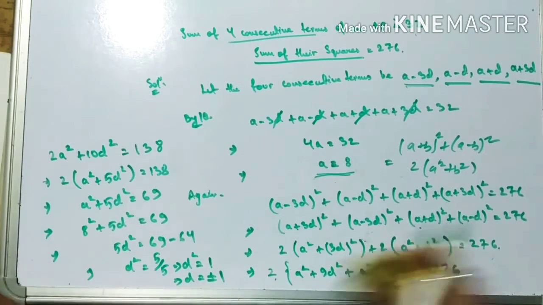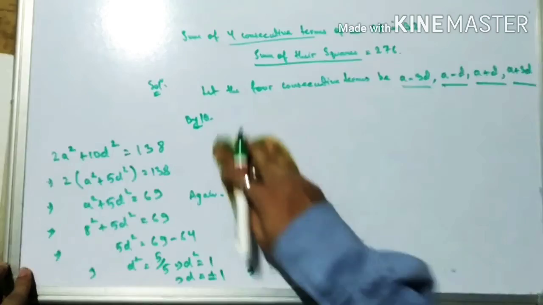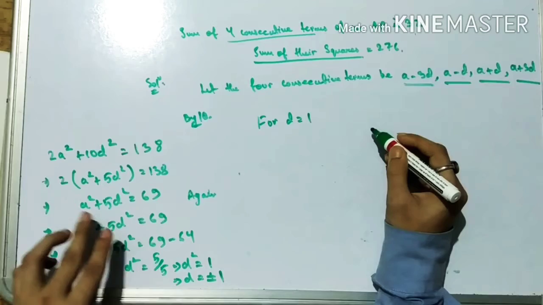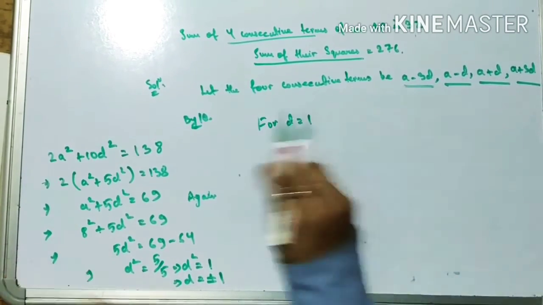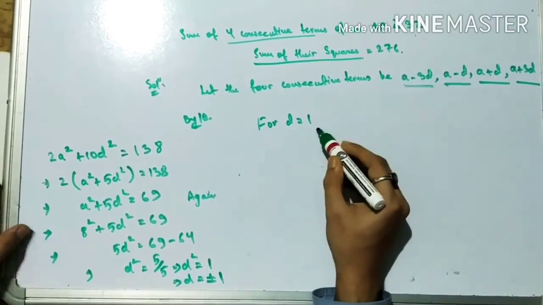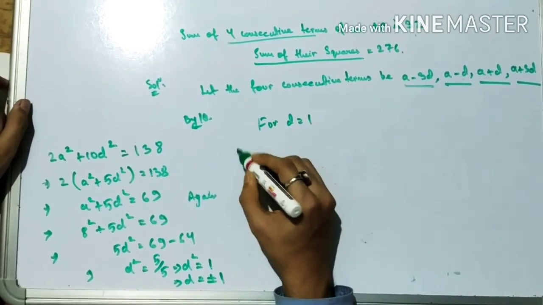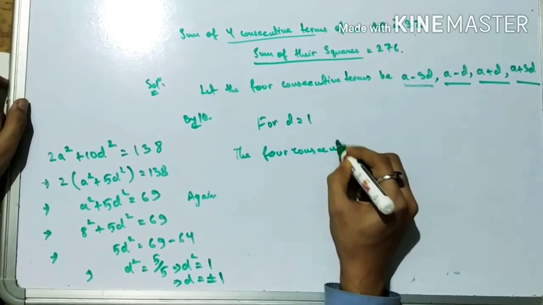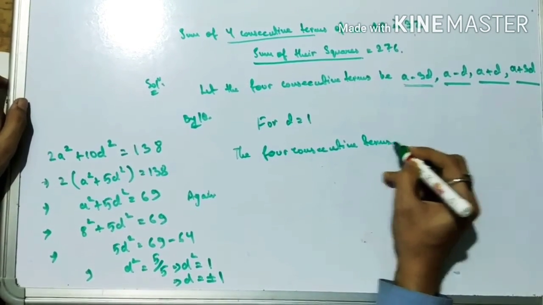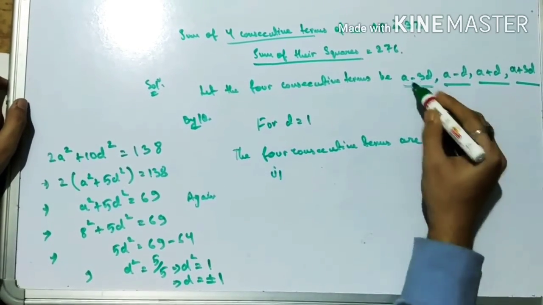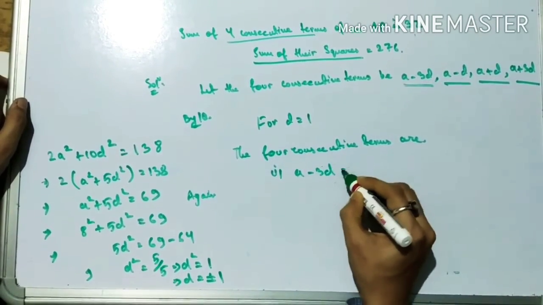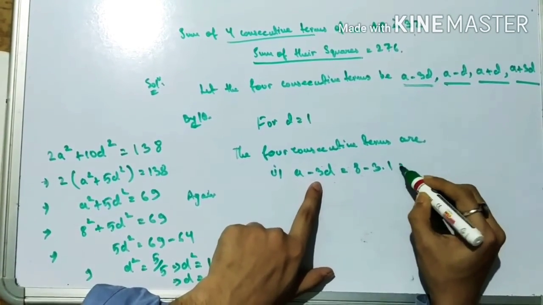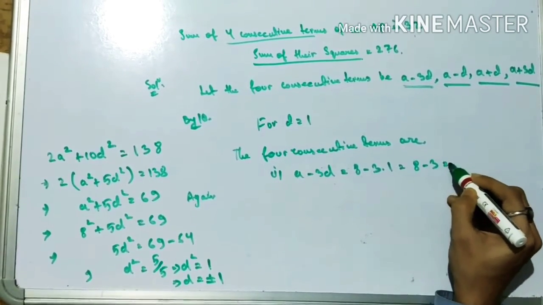Now if I take d equal to 1, a is 8, as already obtained. For d equals 1, the 4 consecutive terms are: first, a minus 3d, which is 8 minus 3 into 1, which is 5.